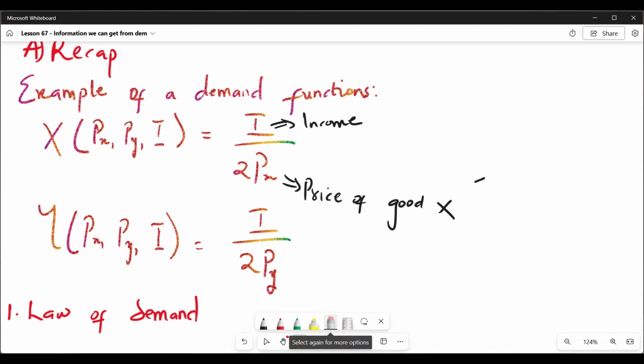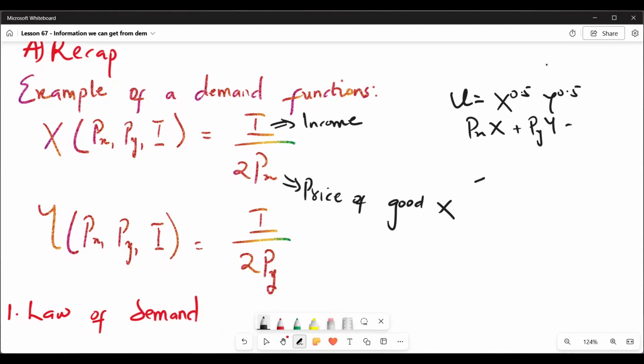So, we remember that we had a utility function equal to x raised to the power 0.5, y raised to the power 0.5, where we had our budget as px multiplied by x plus py multiplied by y equals I, where px is the price of good x, py is the price of good y, and I is income.